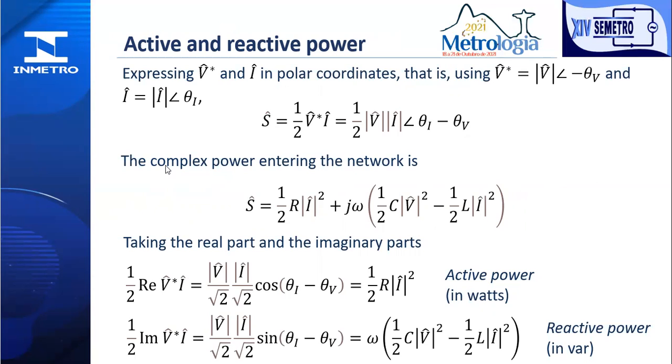The complex power entering the network can be computed as this expression here. Taking the real part and imaginary part, we get this term as the active power and this term as the reactive power. Active power in watts and reactive power in var.